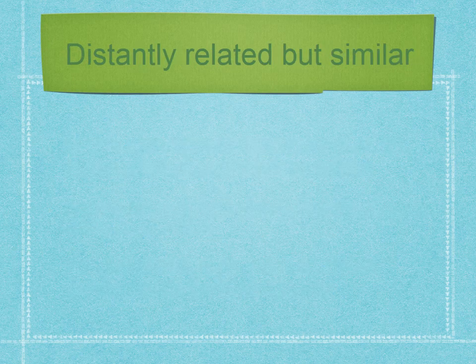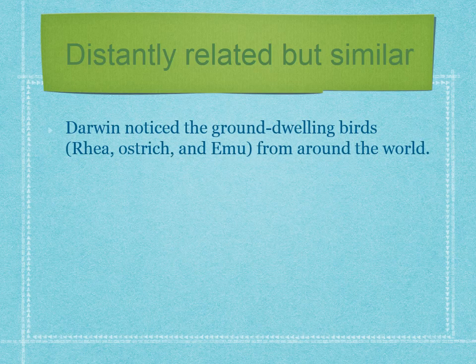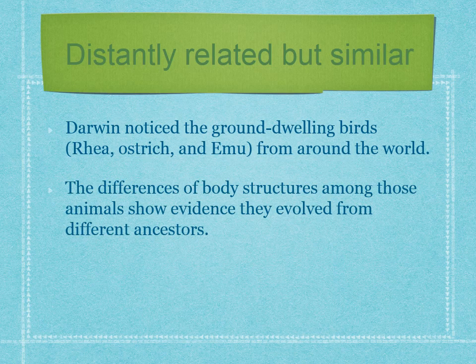Another idea that we're going to look at is distantly related but similar. This is like the rhea, the ostrich, and the emu that we talked about earlier. The rhea is from South America, the ostrich is from Africa, and the emu is from Australia. Darwin looked at these birds and their fossils, their bones, and he noticed that the differences in their bodies show that they did evolve from a different ancestor.